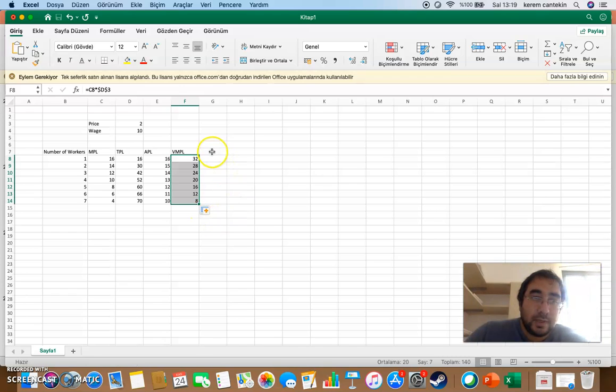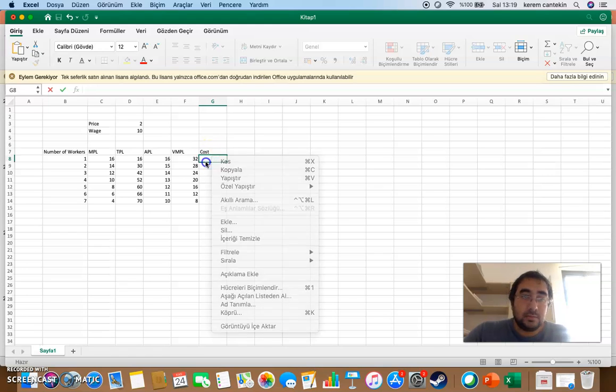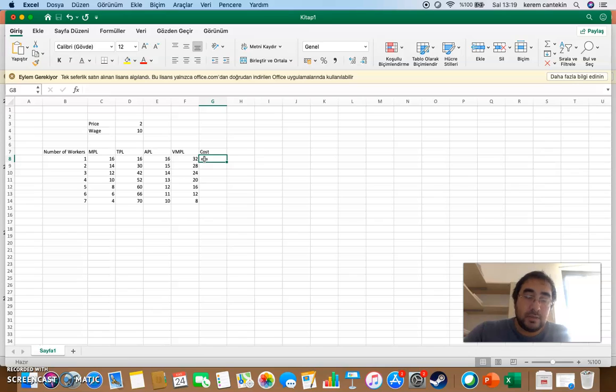And cost of labor is in this case always equal to 10, which is the wage.